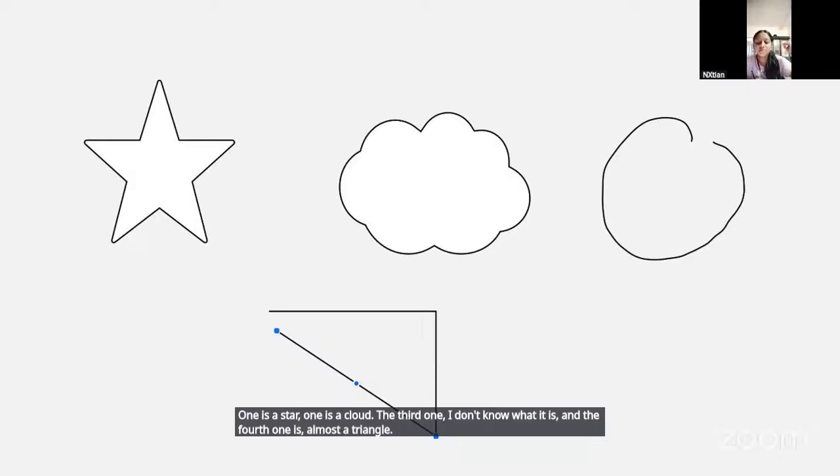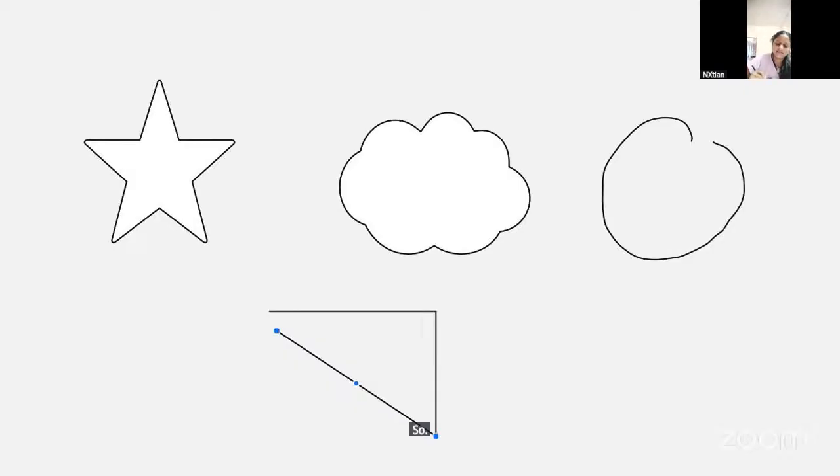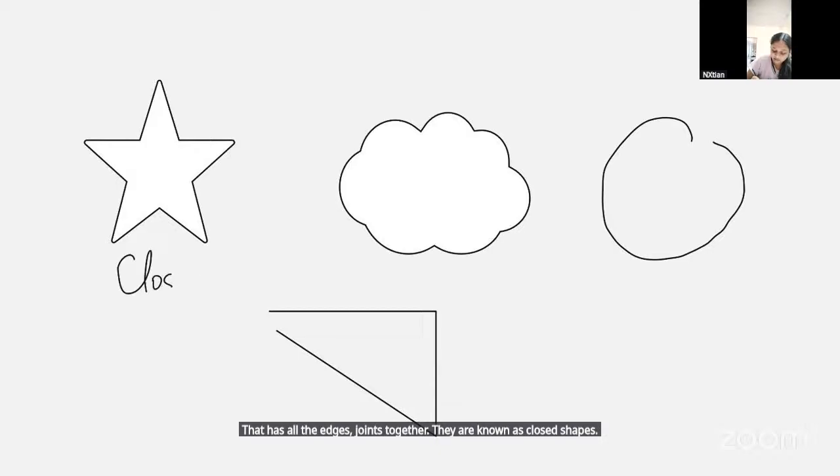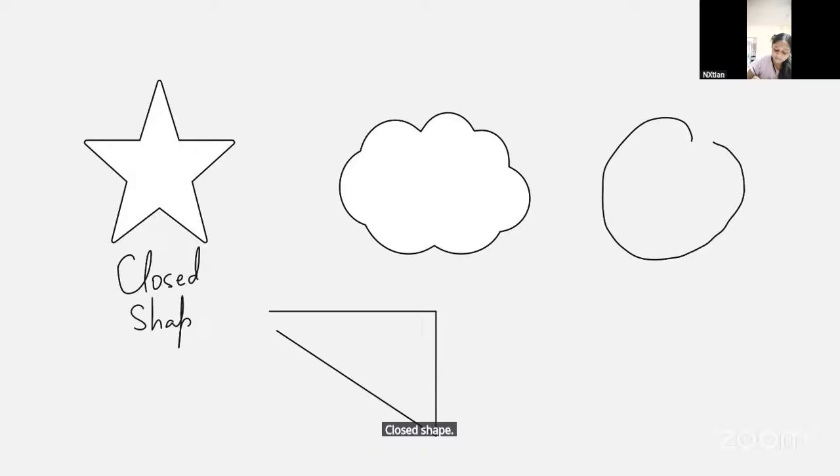Okay. So the ones that have all the edges joined together are known as closed shapes. The ones that look open are called open shapes or open figures.